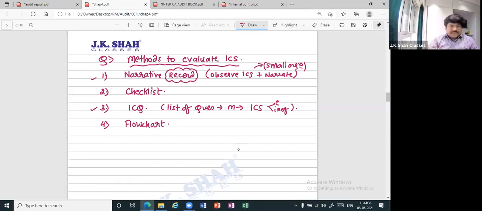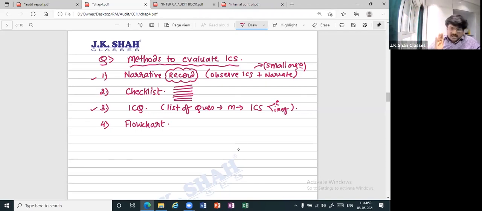Next is checklist. Now what do you mean by checklist? As the name suggests, checklist. The auditor or the staff will already prepare a checklist. Checklist like, supposing authorization for purchases, authorization for sales, CCTV cameras inside, outside, then ultimately cashier for cash transactions. So they will make a checklist of what all should be there.